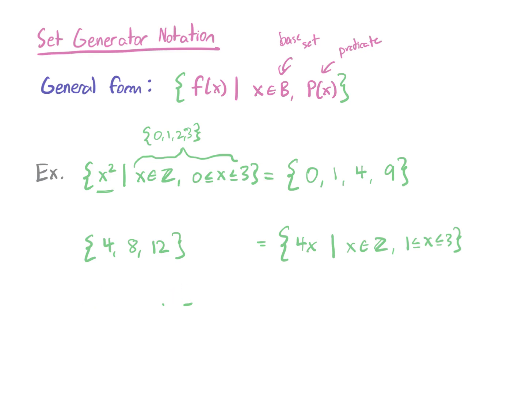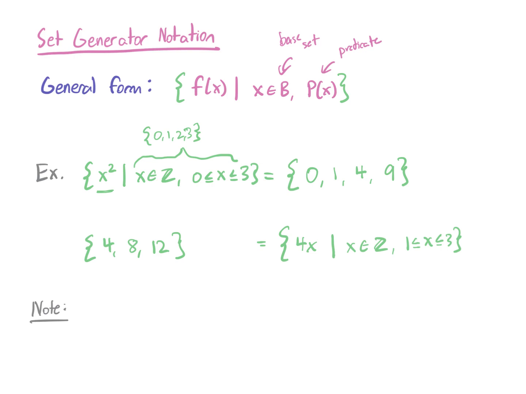I'll just note that there's a useful equivalence between set generator notation and set builder notation. It comes up if I let the function f of x be just x itself, so that's the function where I don't do anything.